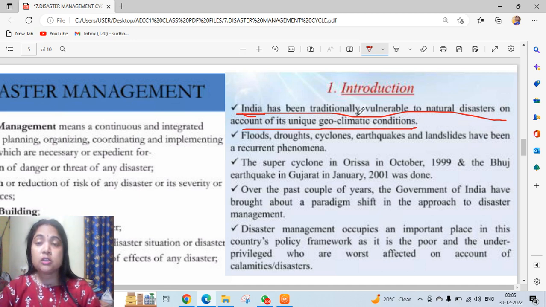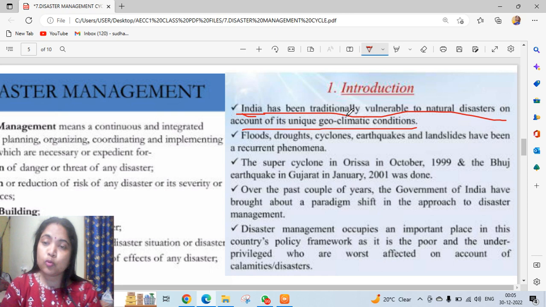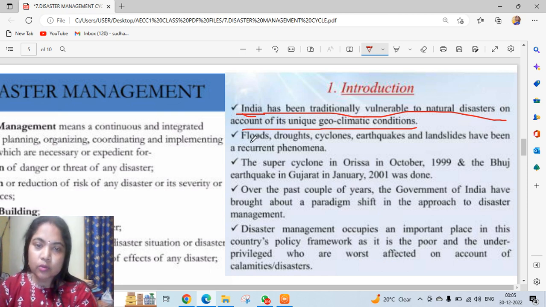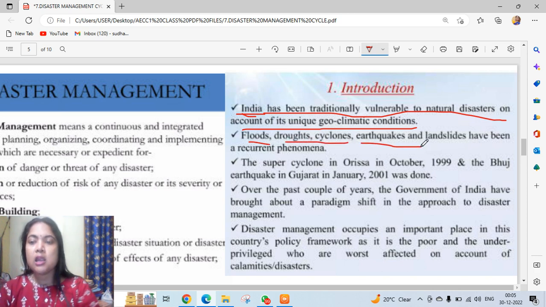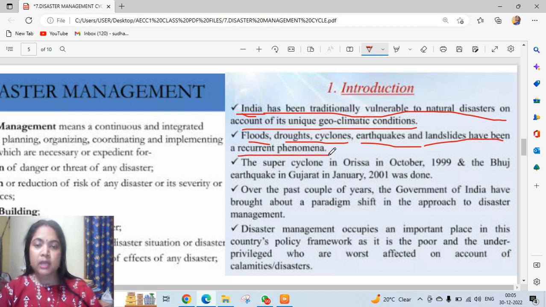The situation of our country is such that it is always vulnerable, means exposed, to different kinds of disasters like floods, droughts, cyclones, earthquakes, landslides. They have been recurrent phenomena.